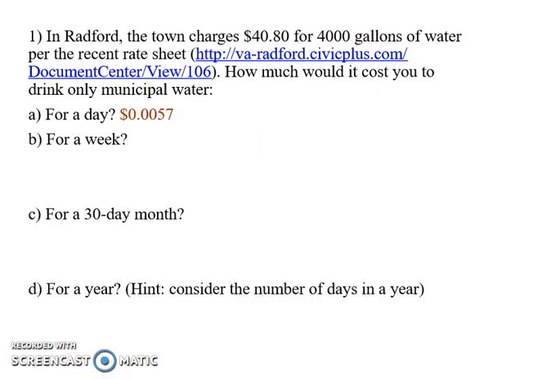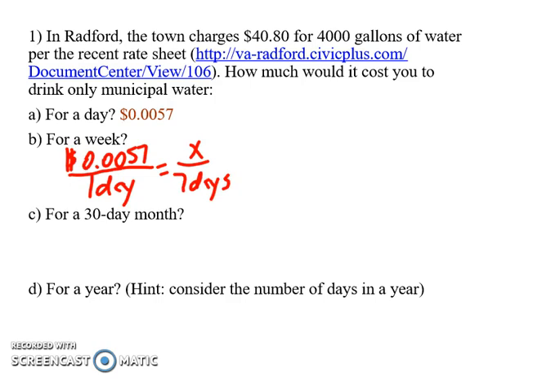So then if I think about, well, what's that cost for a week? Well, this is 1 day. So I know that I'm paying less than half a penny for 1 day. And I know that there's 7 days in a week. So I want to know how much it costs for 7 days.